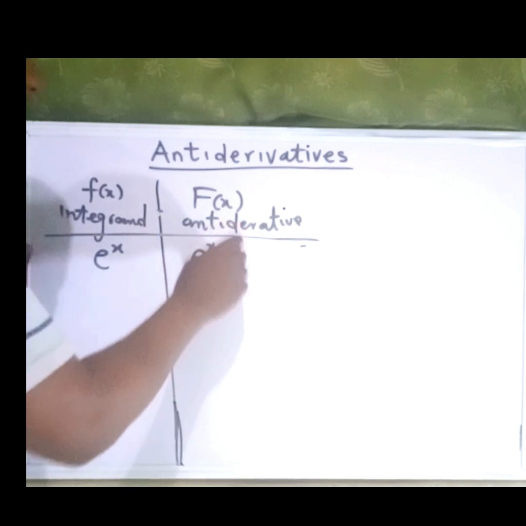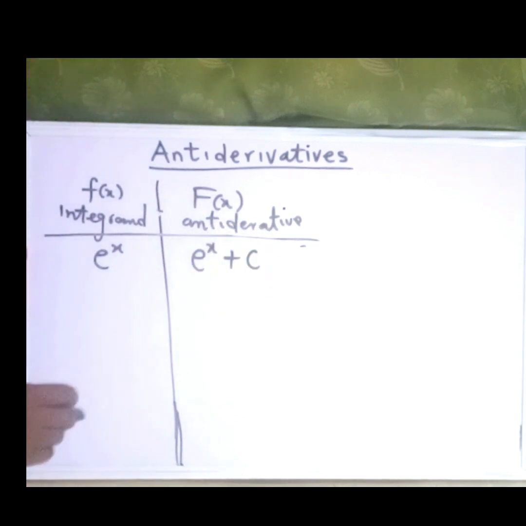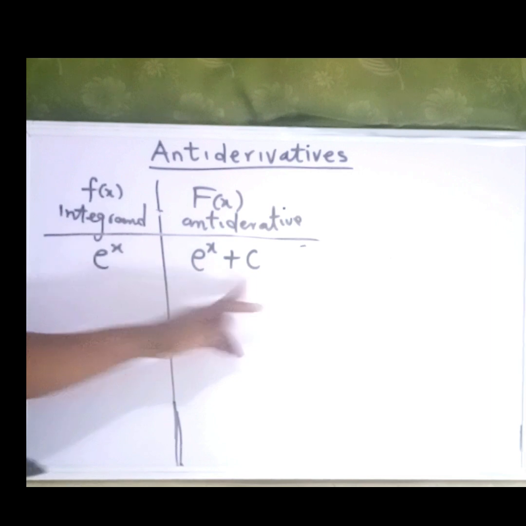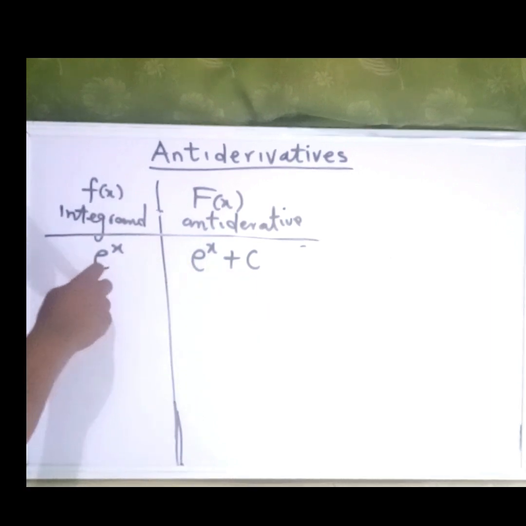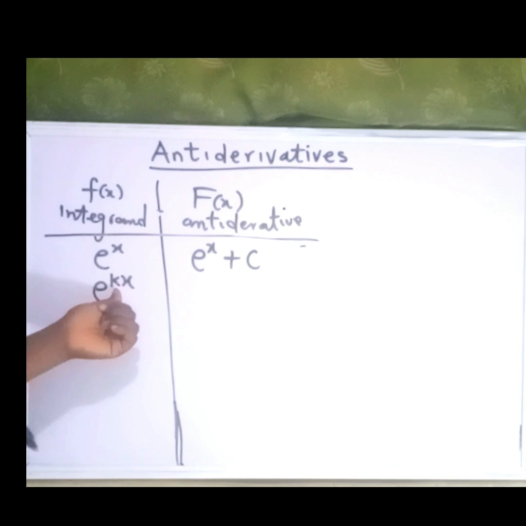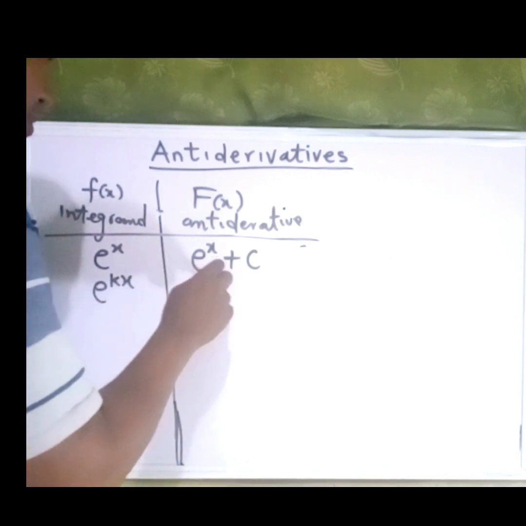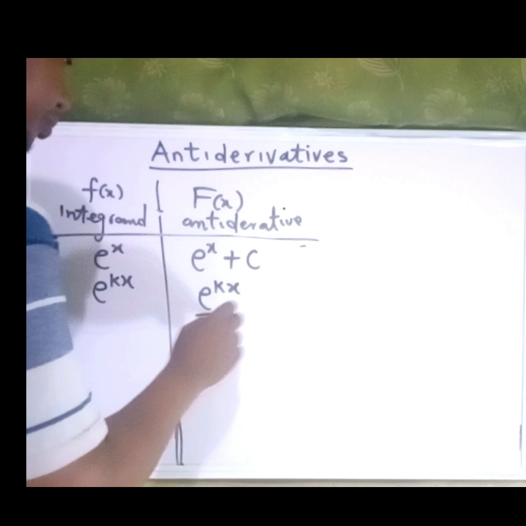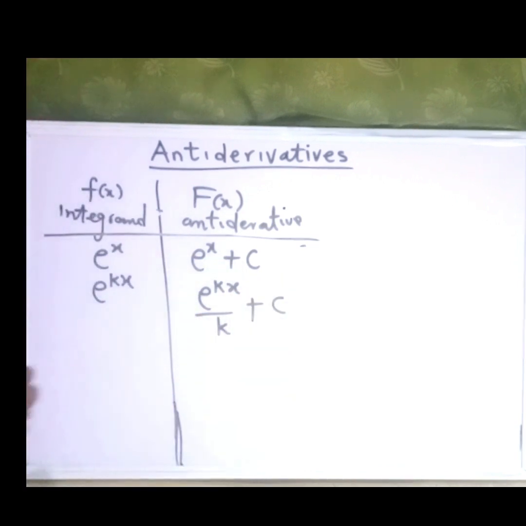But for the arbitrariness in the function, we'll put plus c here. Again, if you have a function exponential kx, where this k is the already introduced constant, different from the constant of integration, this gives this plus c.